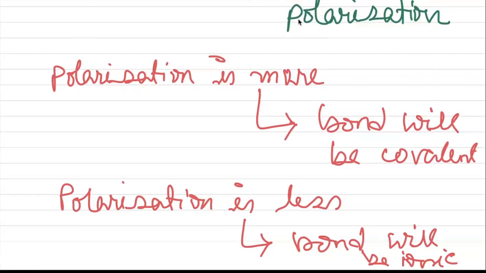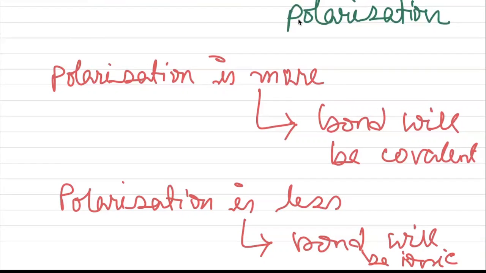So whether the bond is covalent or ionic depends on the distortion power of the cation as well as how easily the anion gets polarized.